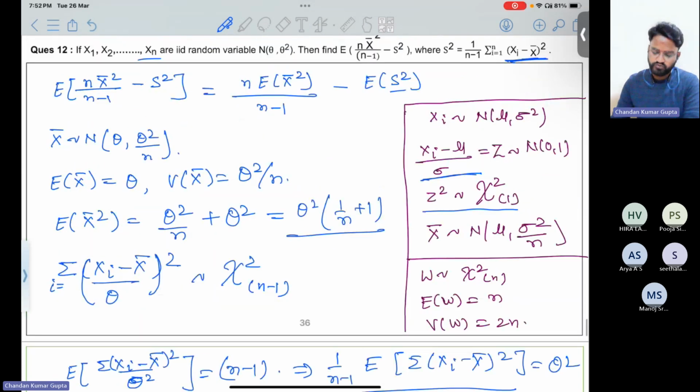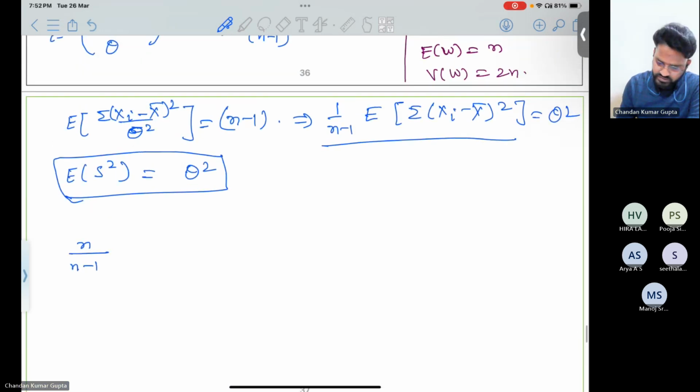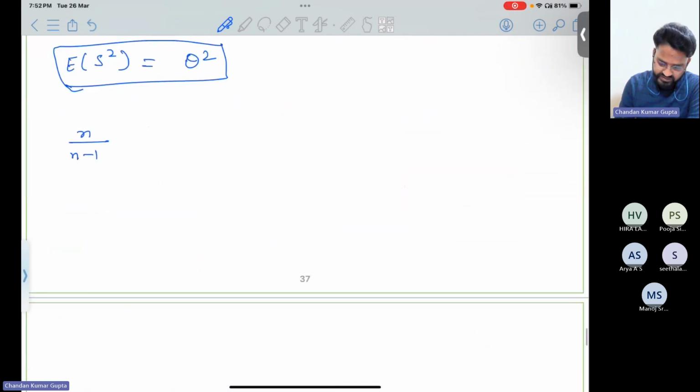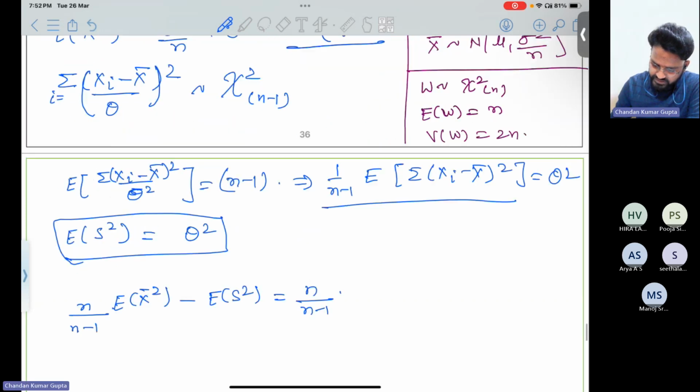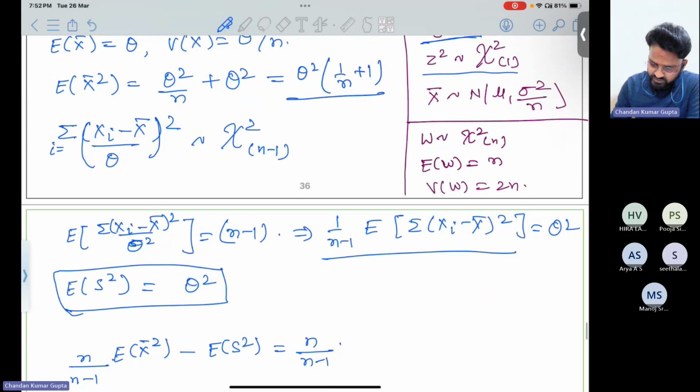Now we need to calculate this quantity, which is n upon n minus 1 times the expectation of x square minus the expectation of x square, which is n upon n minus 1 times the expectation of x square, theta square upon n and n plus 1 by n.